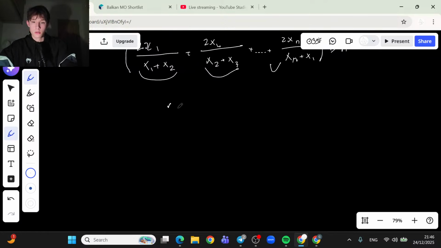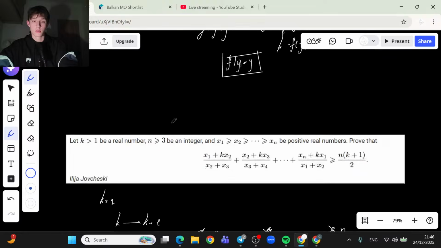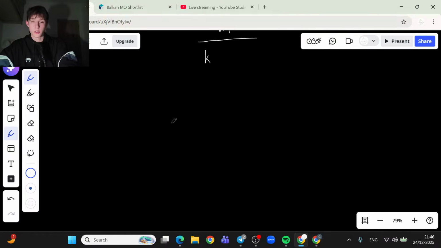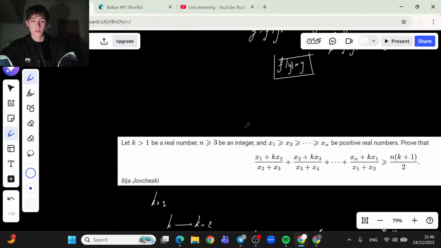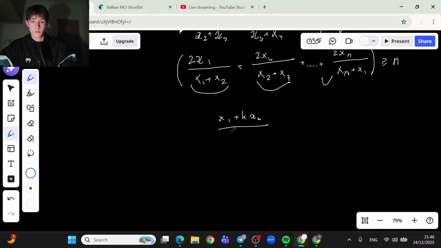So x1 plus kx2 over x2 plus x3. Let's, for example, look at x1 and x2. The question is, do you close in the sum, I assume, or do you close in x1 plus kx2?